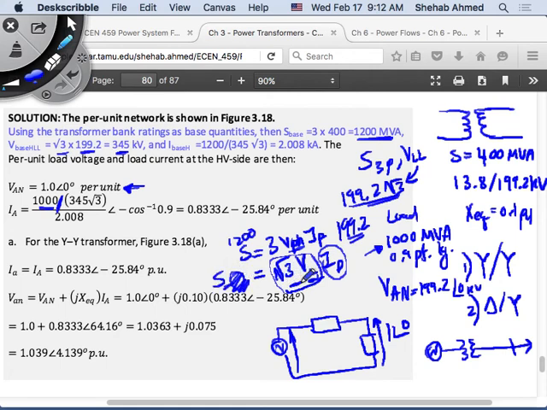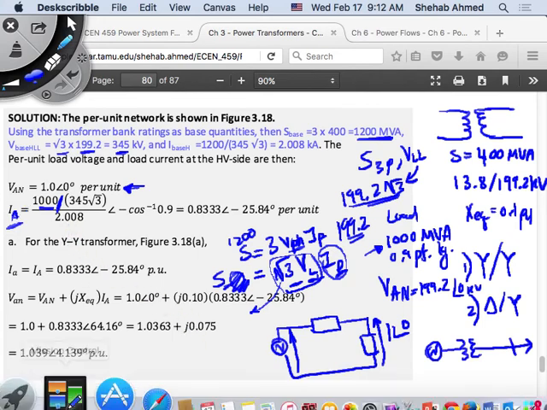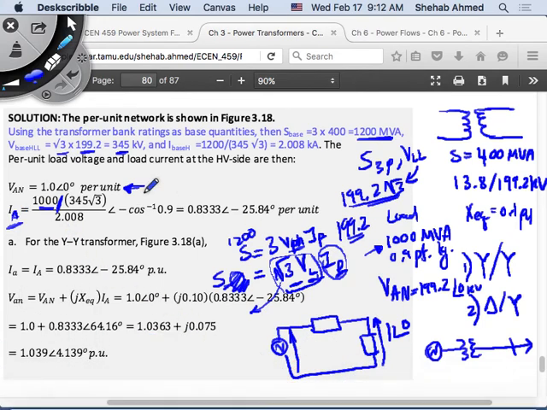S divided by square root of 3 times the line-to-line voltage is equal to the phase current IA. Okay, so that's how you calculate the current.